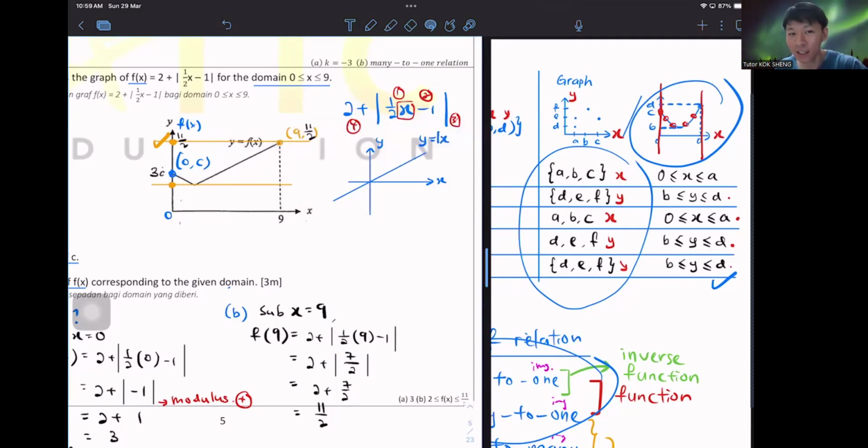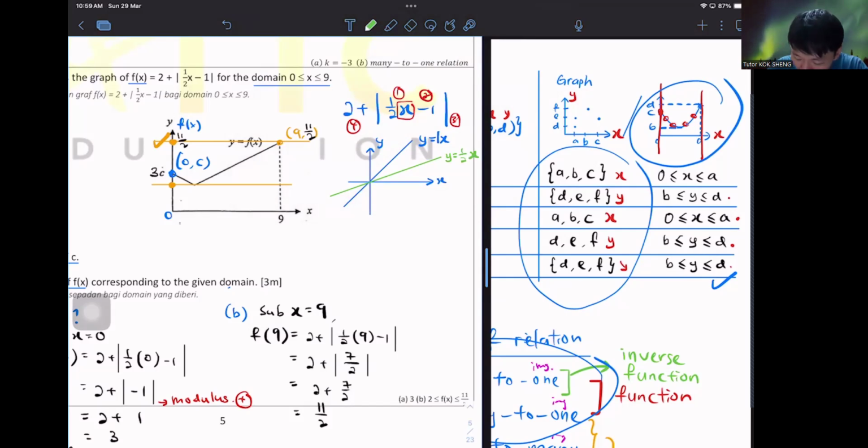You can see the difference? From here first, and then it becomes like this, when the number beside the x becomes smaller. So these are the changes for the number. After 1 over 2x, the second is minus 1.